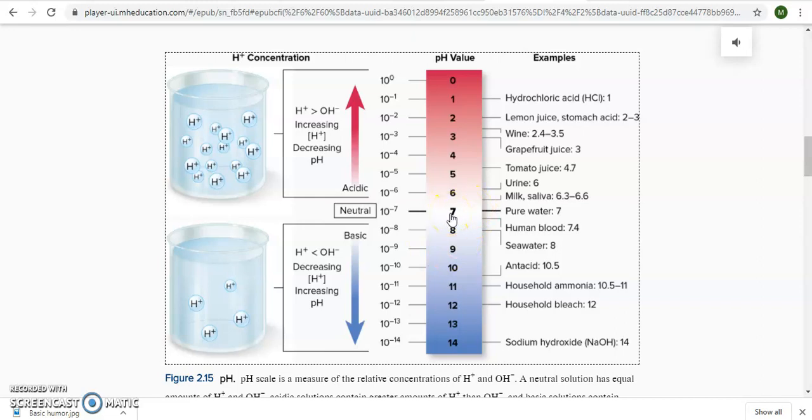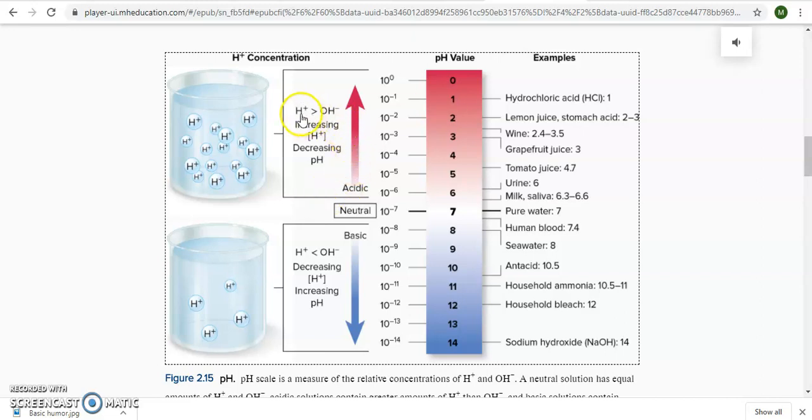So whenever we have more hydrogen ions added to water, that's going to cause an acidic solution, and the pH decreases. Our scale is 0 to 14. Pure water was 7, so anything acidic is going to be less than 7, somewhere between 6.9 and 0. You can see hydrochloric acid is on this list, and it has a pH of 1. If we just had pure hydrochloric acid, it has a pH of 1. So very acidic.